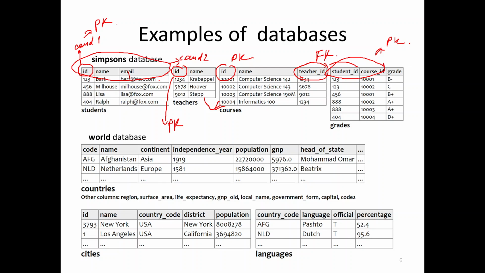Because if every Bart has a single email, and every email belongs to a single name, then it's better to merge them into one single table, right? That is kind of obvious if you think in that perspective. So one-to-one relationships usually are represented within a single table.